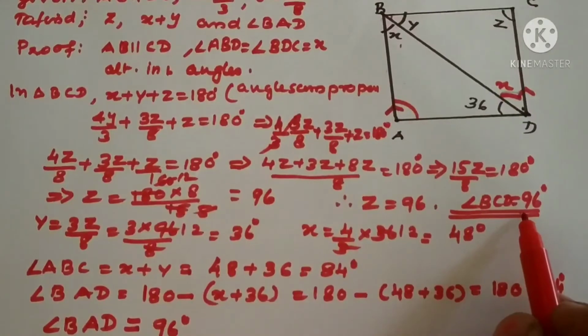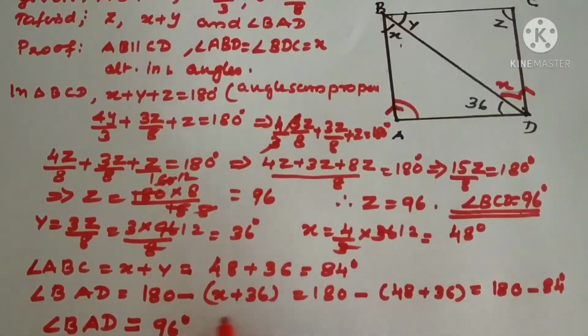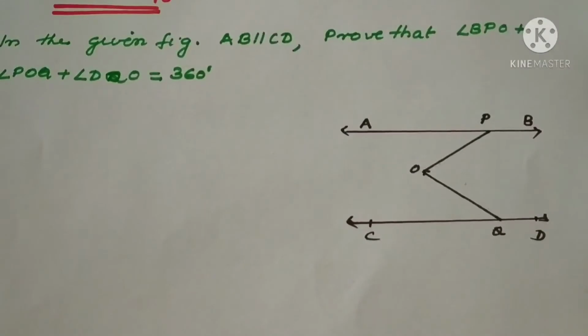So BCD equal to 96, BAD equal to 96, then x plus y equal to 84. These are the three answers asked in the question.